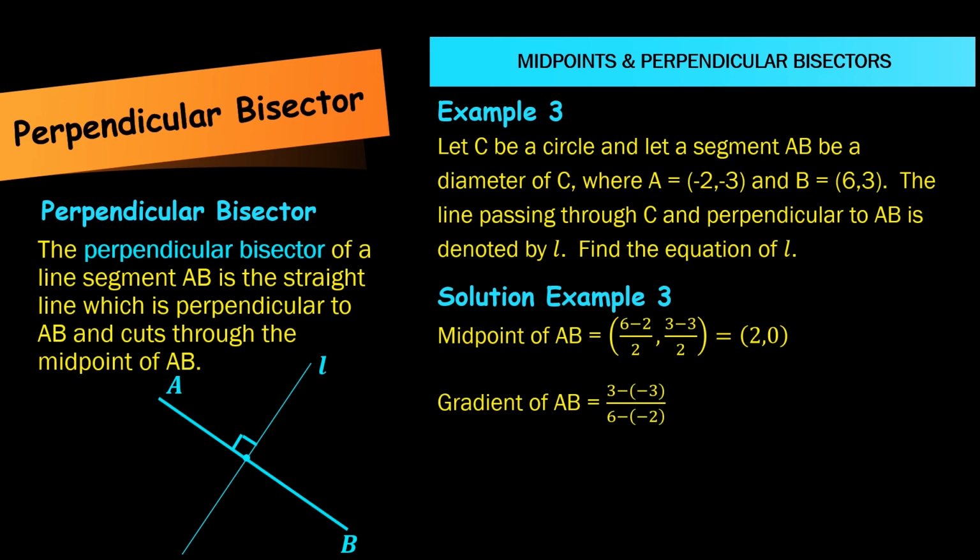Now the gradient of AB is equal to (3 - -3), the change in y, over (6 - -2), which is the change in x. This equals 6/8, or 3/4.